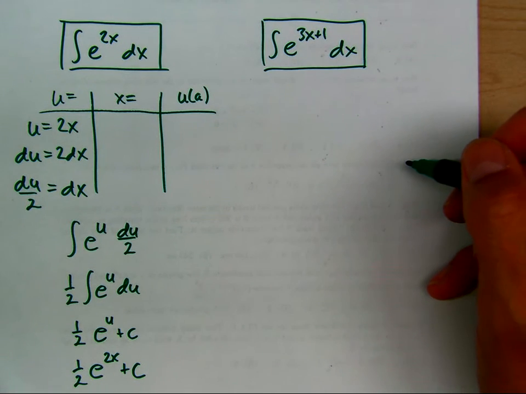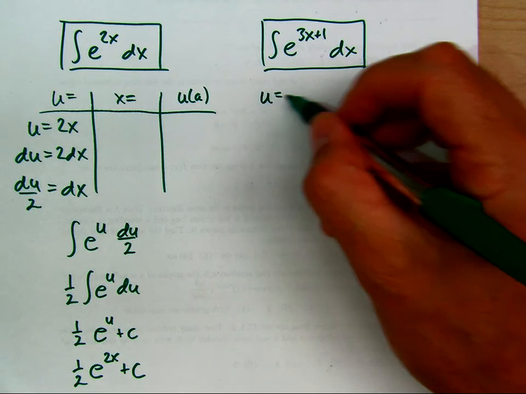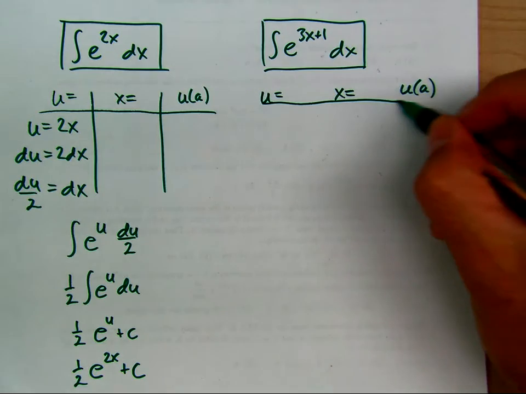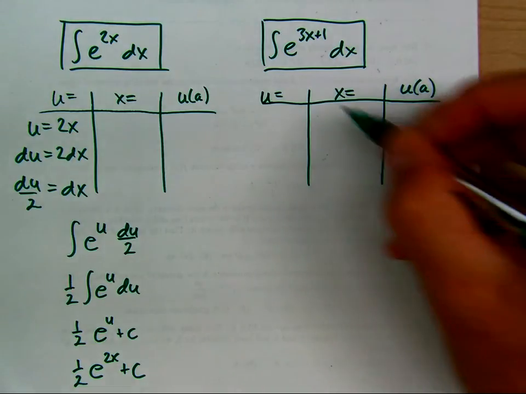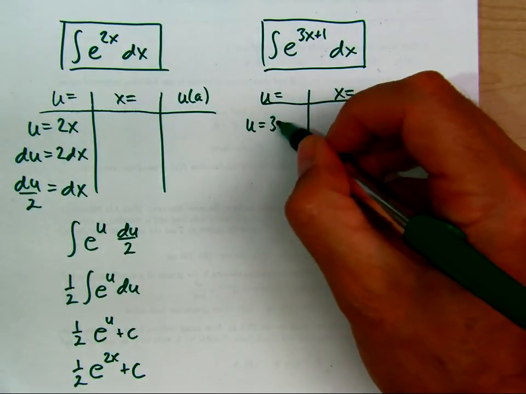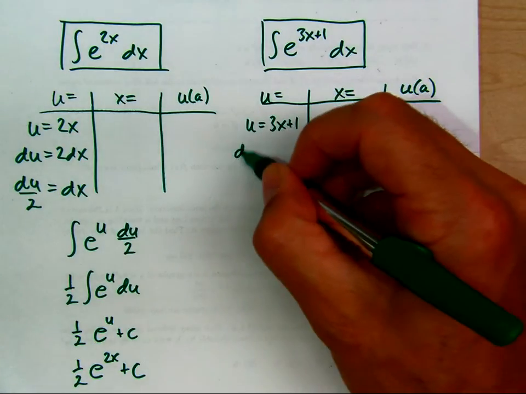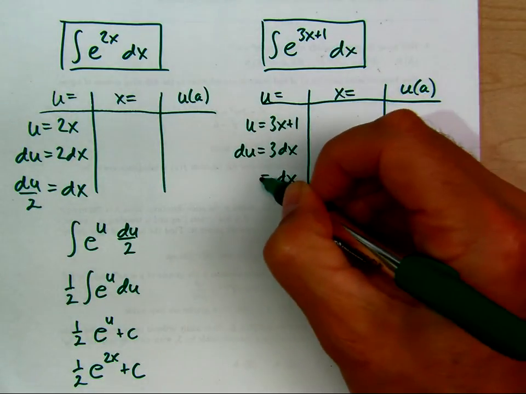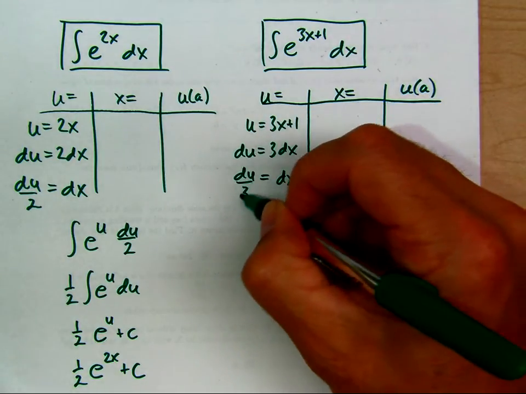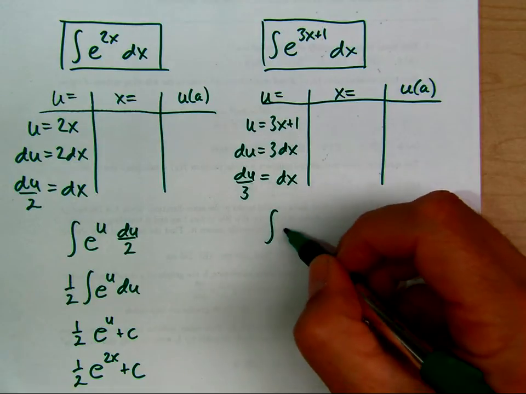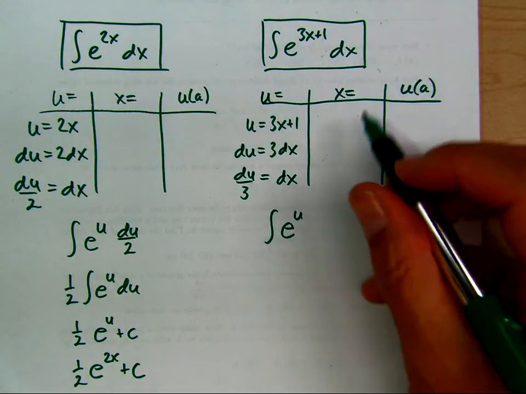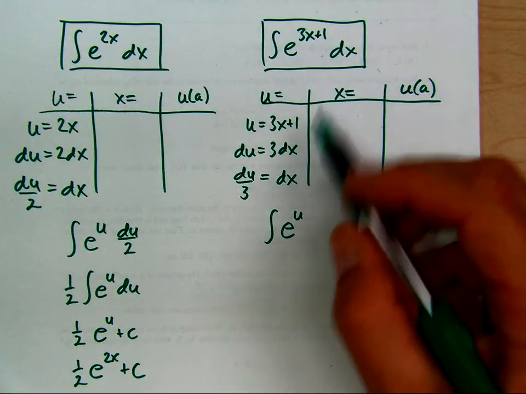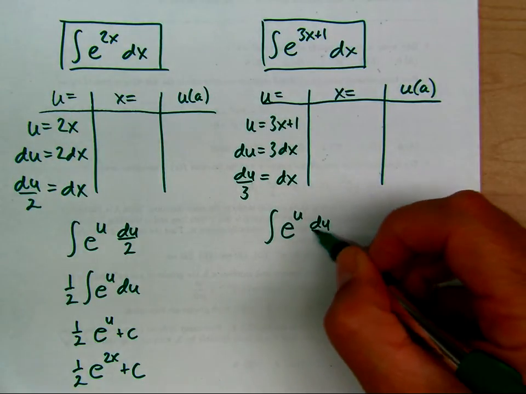Pause the video and try that one. Substitute u for 3x plus 1, and the differential of x is du over 3.